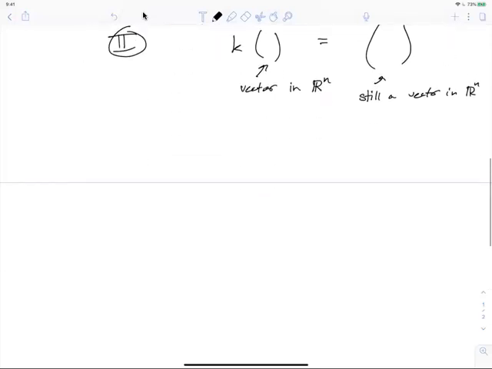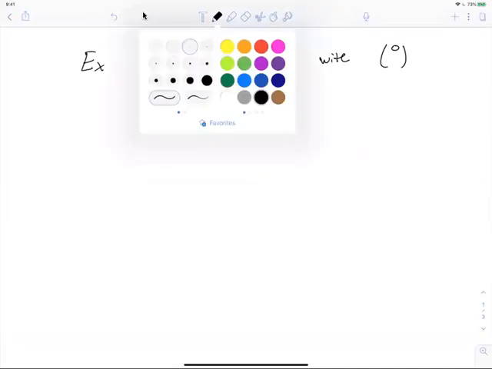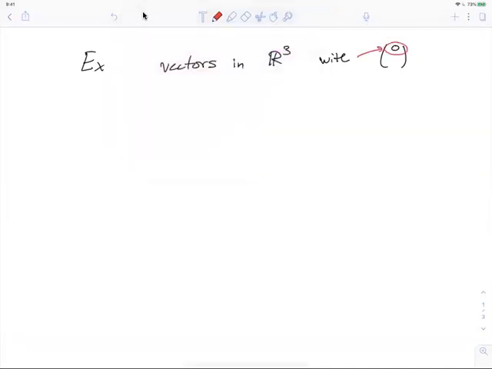All right, let's do a slightly non-trivial example. Let's do vectors in R3 with a 0 in the top component. So this might seem weird. Now, we're not describing all of R3.